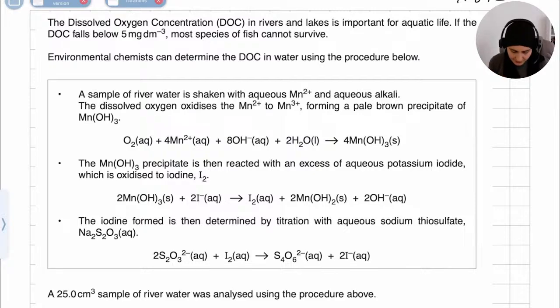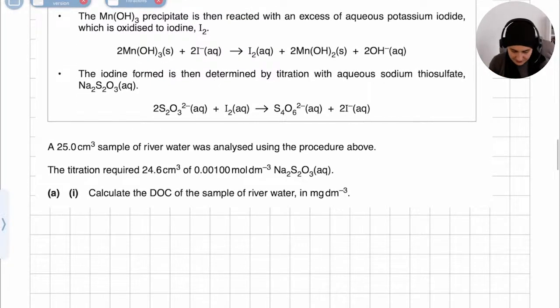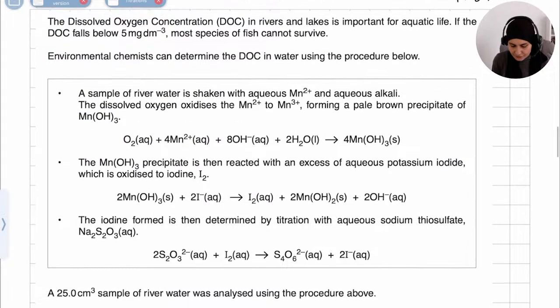Okay. Now let's see, a 25 cubic centimeter sample of river water was analyzed using the procedure above. The titration required 24.6 cubic centimeters of that concentration Na2S2O3. Calculate DOC in mg per dm cube. The DOC was dissolved oxygen concentration.